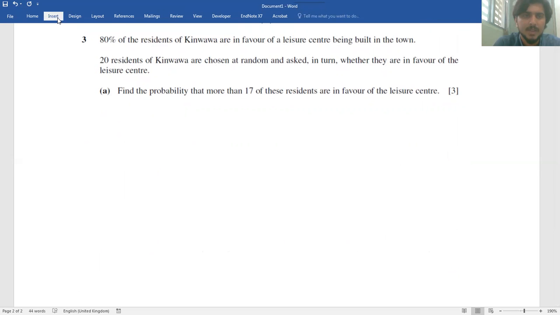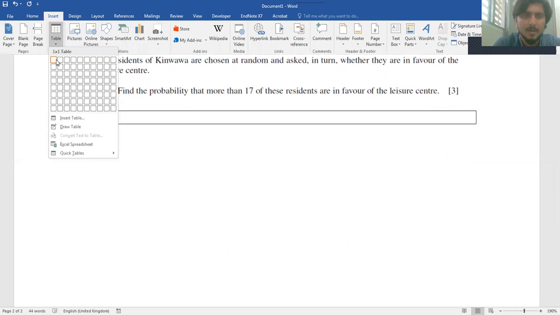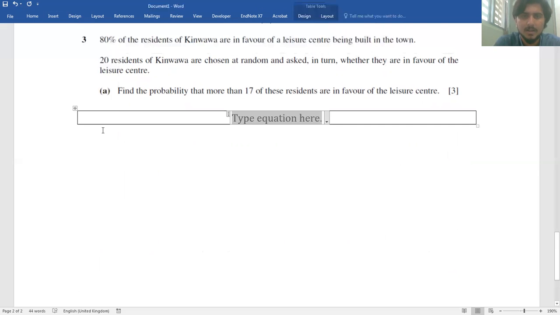Whenever you see that the trial or the sample is fixed, I can simply say that the residents are binomially distributed, whether they'd be in favor of the center being built or against it. So I've taken 20 residents and the probability of success that the resident will be in favor is 0.8.